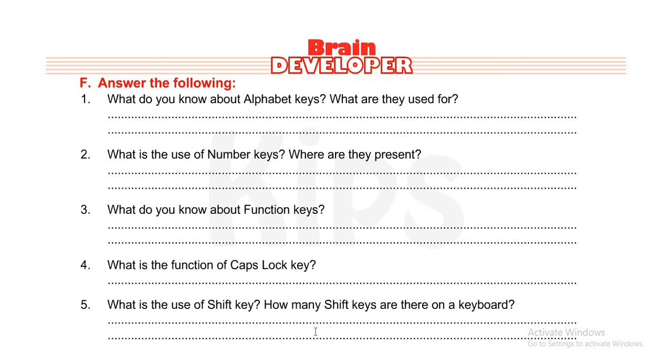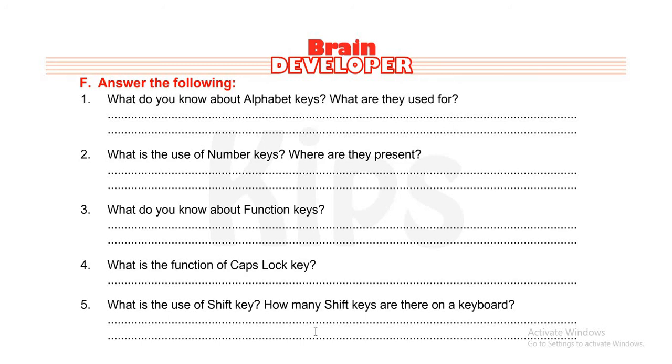Second one, what is the use of number keys? Where are they present? On the same page number 53, in number key, the answer is: the number keys are used for typing numbers. They are present above the top row of the alphabet keys.